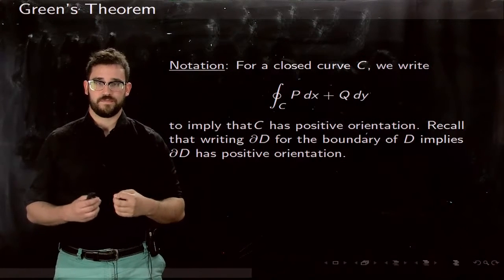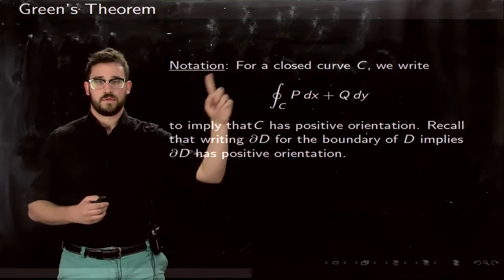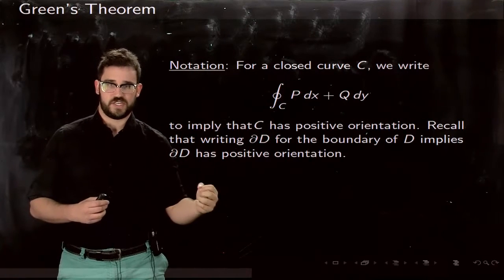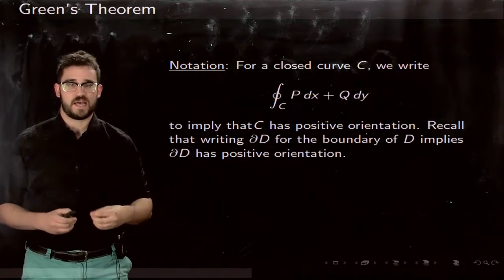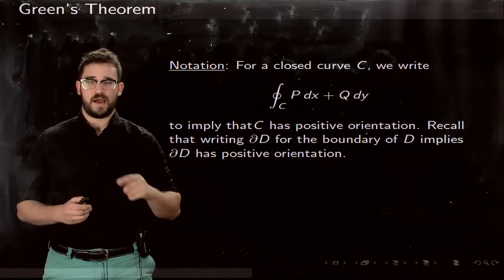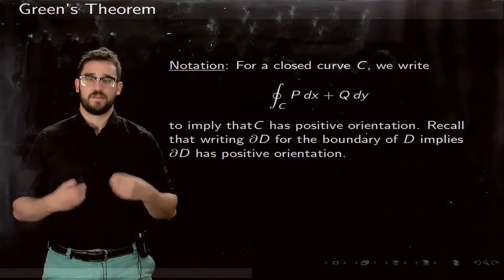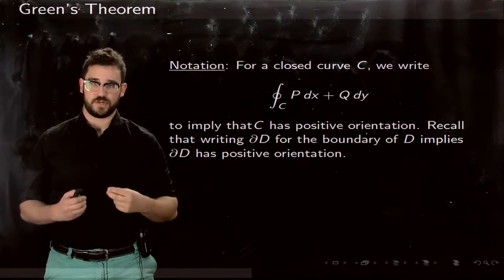Some notation. For a closed curve C, we write a circle around the integral over C of P dx plus Q dy to imply that C has a positive orientation. Recall that writing the boundary of D implies that the boundary of D has a positive orientation given our definition.